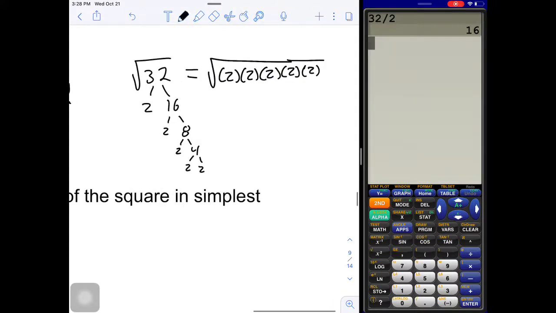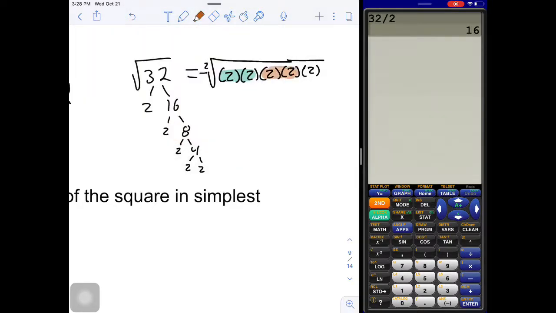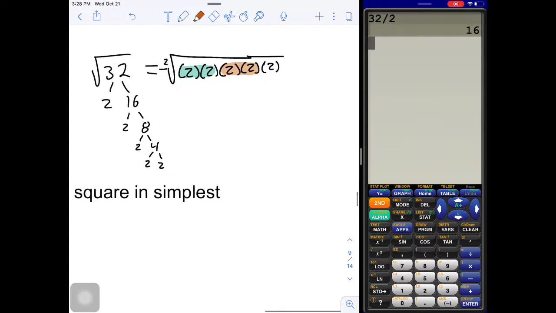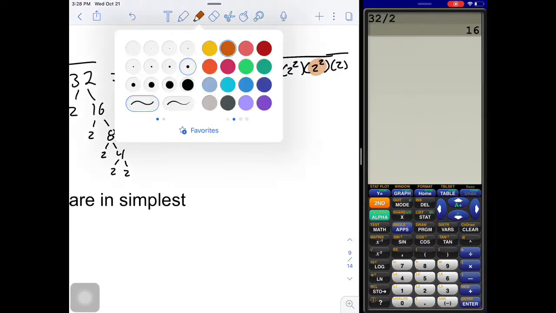Good. Now remember, if there is no number for the index, you can imagine a little 2 there. So this means I have to group things into 2s. There's my first group of 2s, here's my second group of 2s, and then I'll have 1 left over. So I can represent this as 2 squared times 2 squared times 2. And you can see here that this has become 2 squared, and this has become 2 squared.